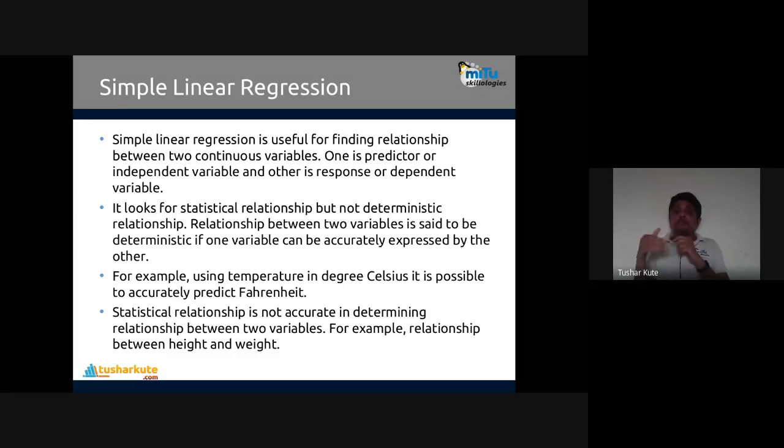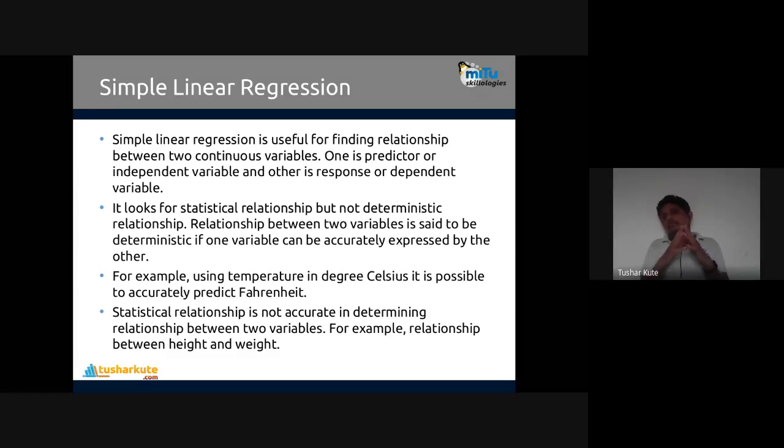Response or dependent variable. Two kinds of variables are there. It looks for a statistical relationship, but not a deterministic relationship. The relationship between two variables is said to be deterministic if one variable can be accurately expressed by the other. There is a formula present there.